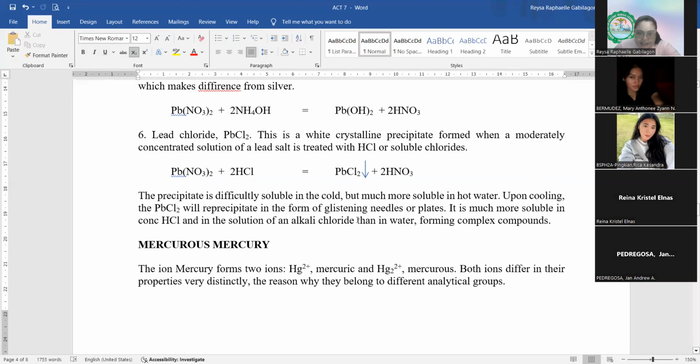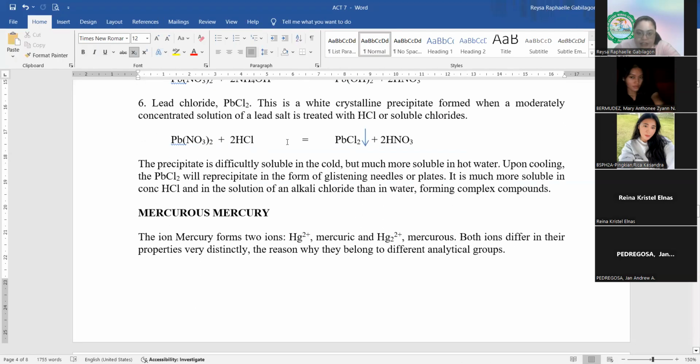Okay. And then lastly, we have the lead chloride, which is yung talagang answer sa 2-2. Si lead nitrate, pag pinareact sa hydrochloric acid, you will get this white precipitate, white crystalline na precipitate. So, it looks like a crystal, si lead chloride.